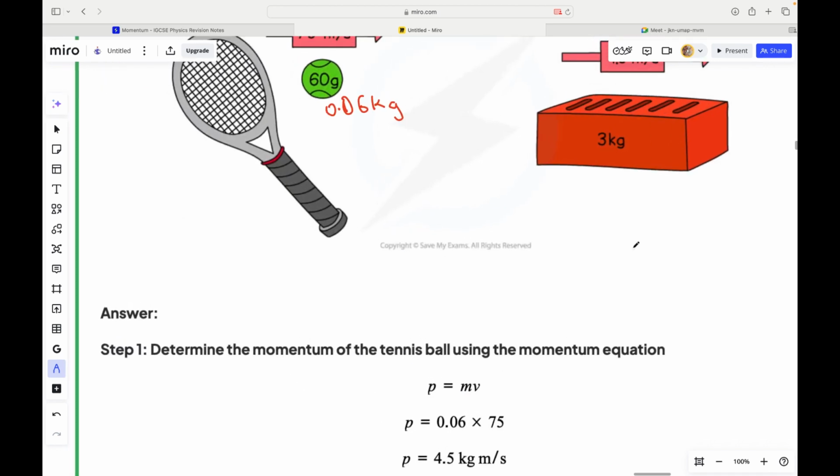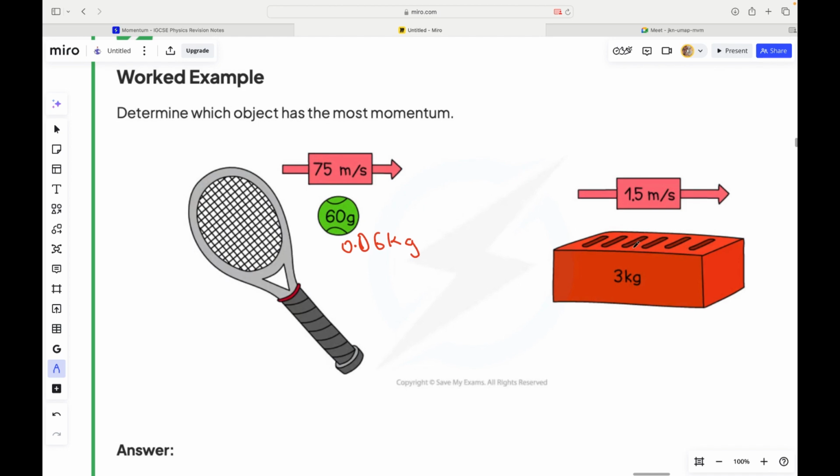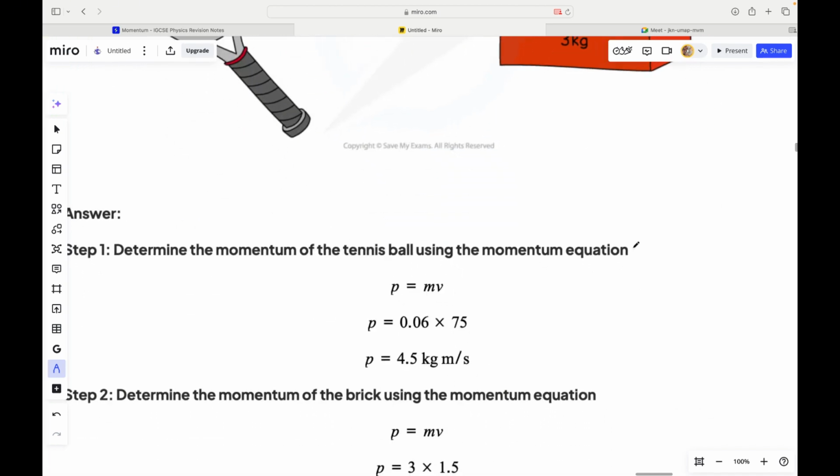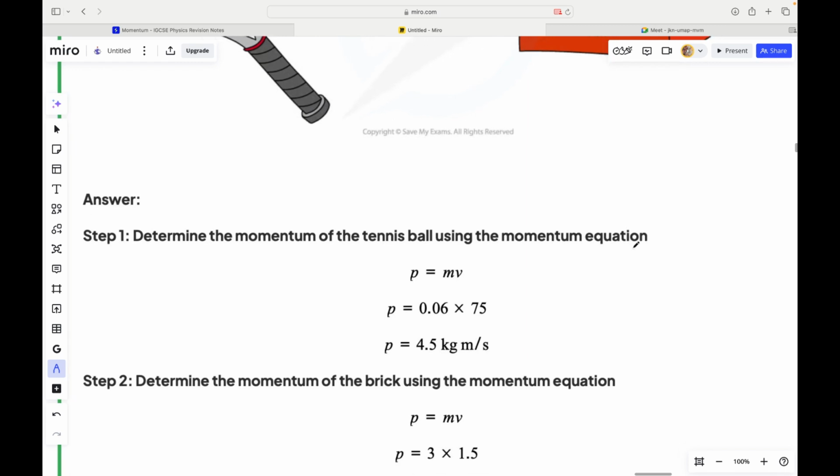So we can calculate the momentum. The question says we should determine which object has the most momentum, so we calculate the momentum of each one. First the momentum of the table tennis ball, using the momentum equation: momentum is equal to mass times velocity.